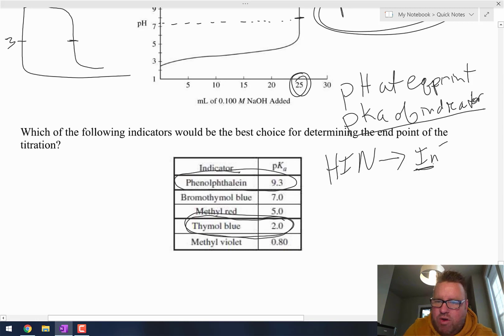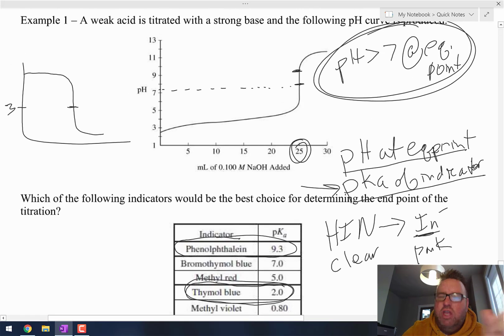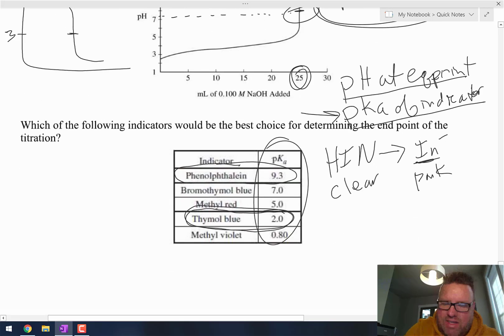When you have more of the conjugate base, with phenolphthalein, it's pink. When you have more of the acid, it's clear. So when the pH at the equivalence point is close to the pKa of the indicator, that's when you're going to see that color change happen. So again, these are pretty easy questions. You just find the equivalence point, and then you find the indicator that has its pKa closest to the pH at the equivalence point.